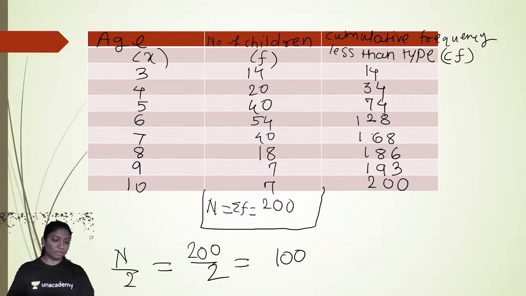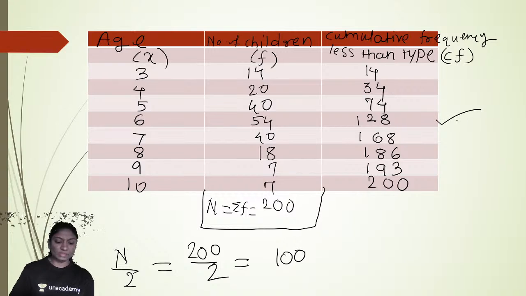So here the first cumulative frequency exceeding 100 is 128, right? So 128 is the cumulative frequency which exceeds 100. Whenever cumulative frequency exceeds n by 2, that will be your median class.